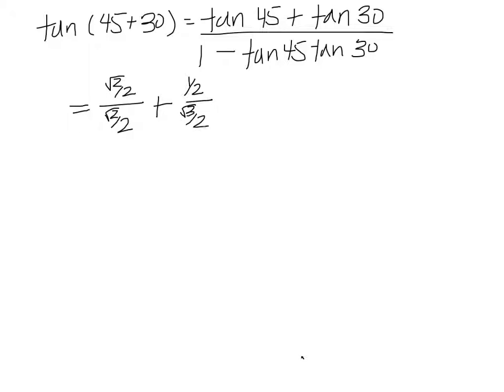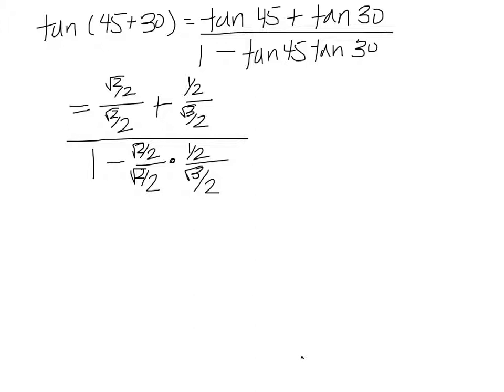All right, and then we have all of this over 1 minus the tangent of 45 again. So that was square root 2 over 2 over square root 2 over 2, times the tangent of 30 again. So that was 1/2 over square root 3 over 2.